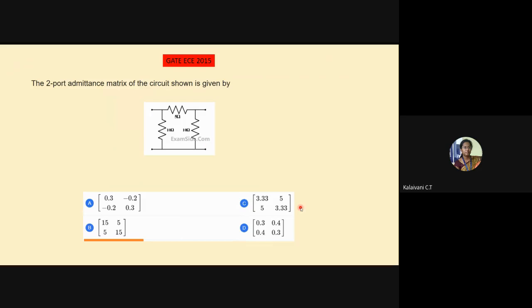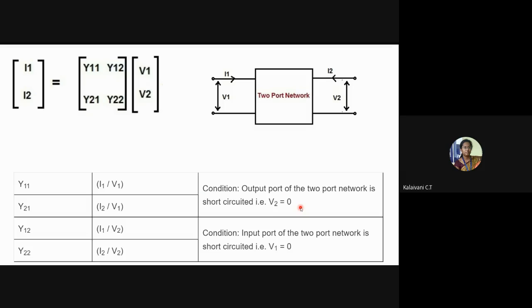Next, again, this is a network theory question. The two-port admittance matrix of a circuit is shown. So there is a circuit shown, and we have to find the Y matrix: Y11, Y12, Y21, and Y22. How will you solve this?